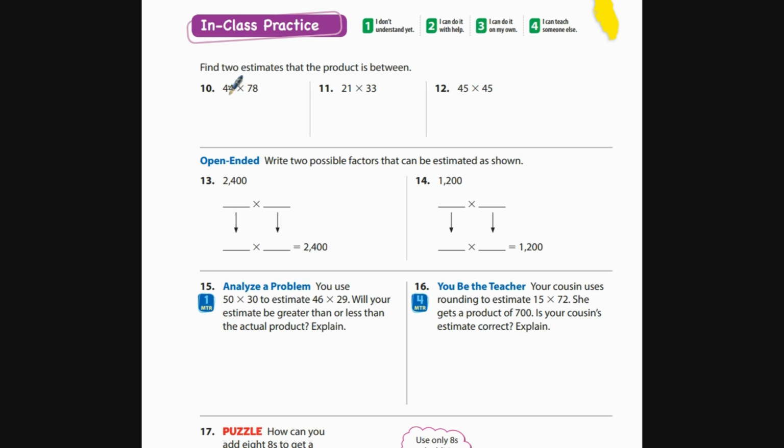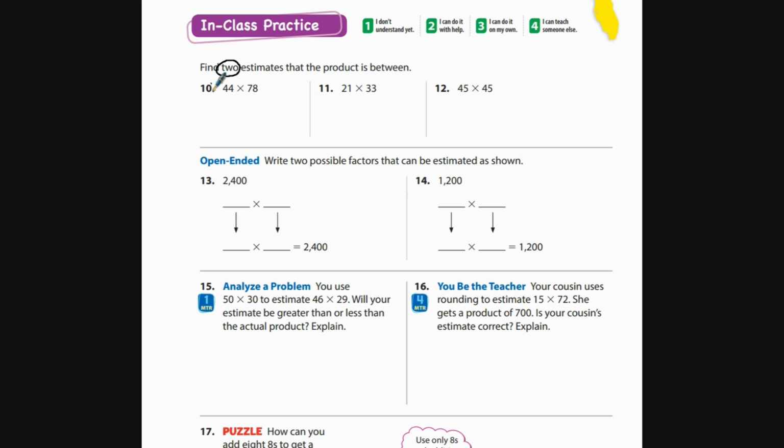Number 10, all right, 44 is close to, now look at what this says, find two estimates that the product is between. So what does that mean? Well, that means that I need to round first for the answer, and then I'm going to use compatible numbers. So we're going to have to just do both of those. So here we go.